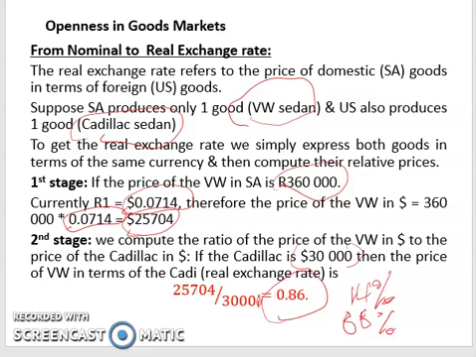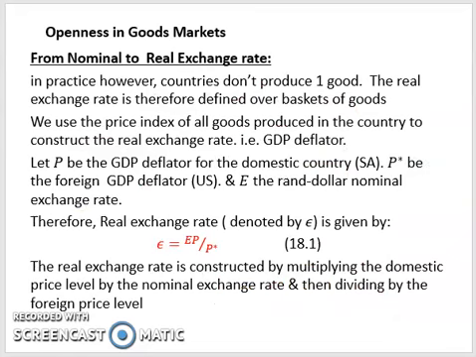So the example we just covered is pretty straightforward. But how do we generalize it? For instance, South Africa and the United States produce more than Volkswagens and Cadillacs. And we want to construct the real exchange rate that reflects the relative price of all the goods produced in South Africa in terms of all the goods produced in the United States.